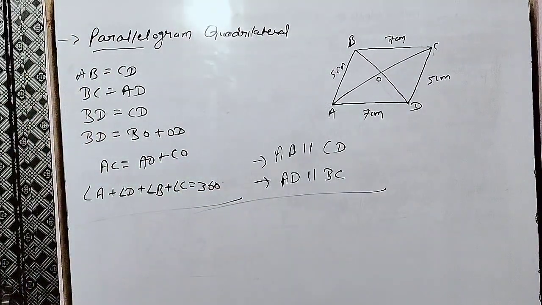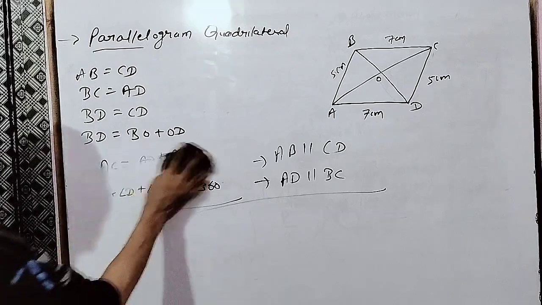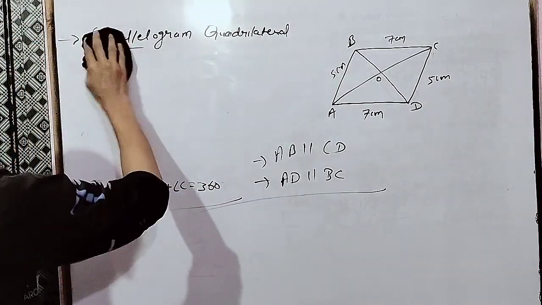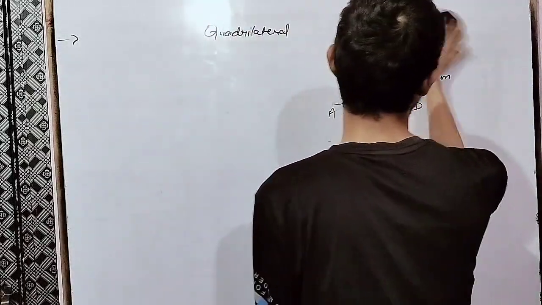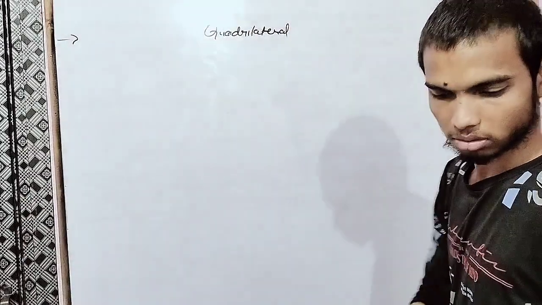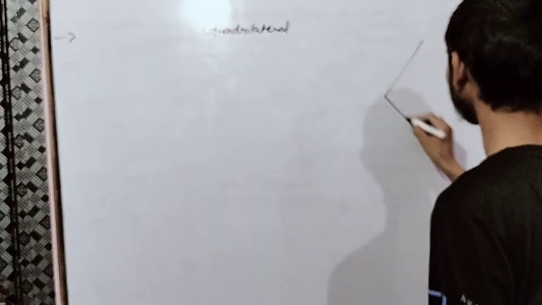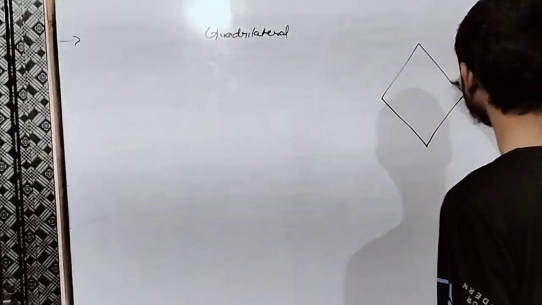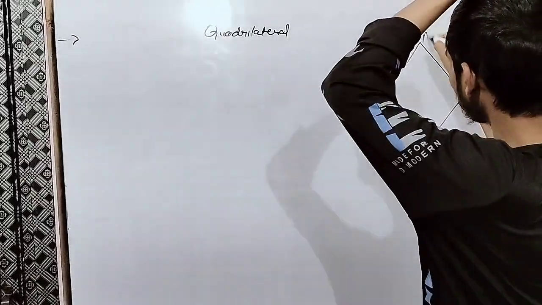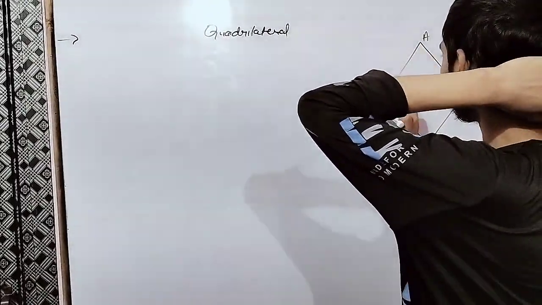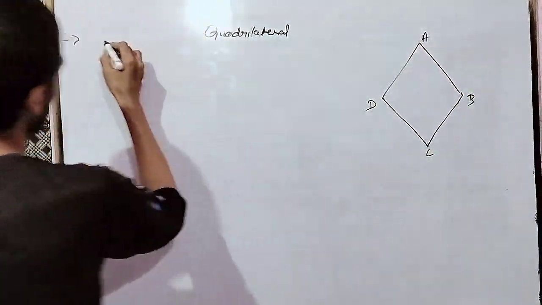The figure of a rhombus is like this. A, B, C, D. This is a figure of a rhombus.